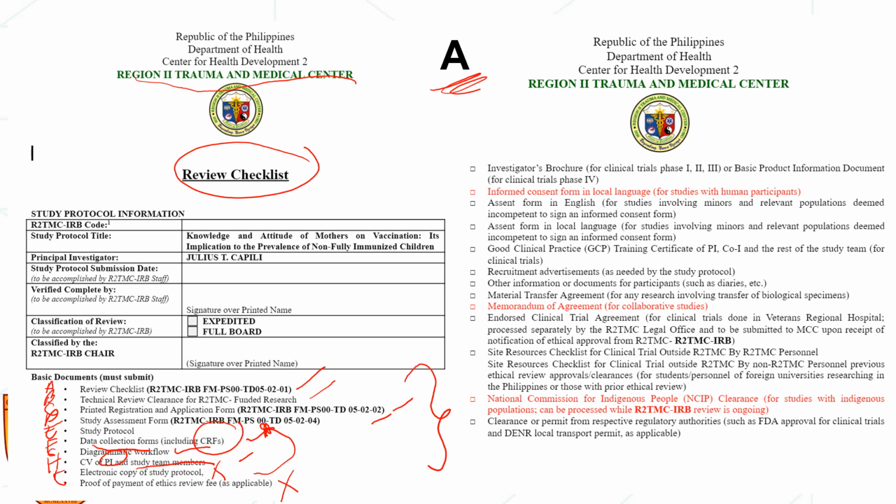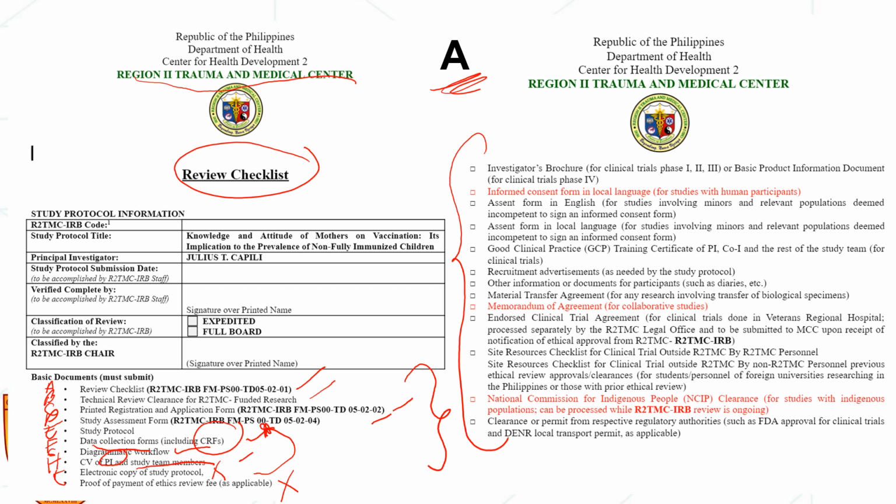Now we ask Dean if we could pass first before payment. Okay, and then there's also additional documents that need to be passed.